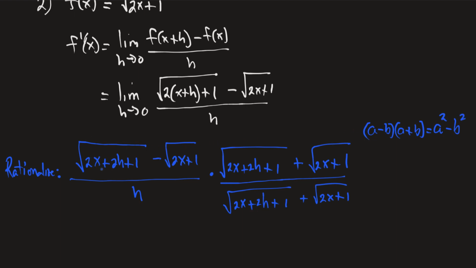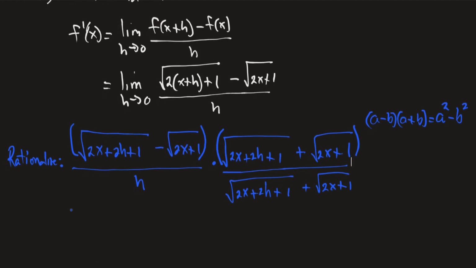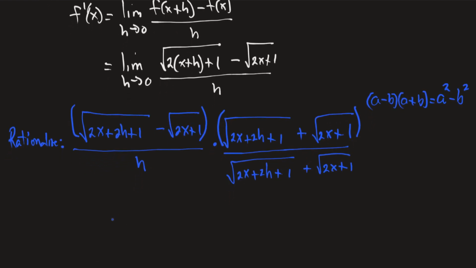So if this is my a, well, when I square it, the square root is going to go away. And same thing here. If this is my b, when I square it, it's going to go away. So think of the top as like this. This is what we're doing. Right? So let's see here.